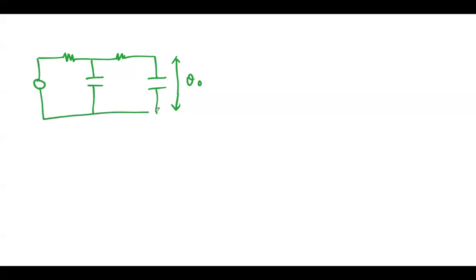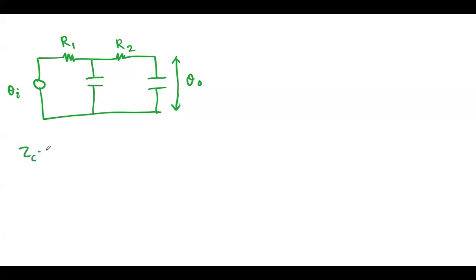It has two resistors and two capacitors. And this value is theta naught, and my input is theta I. This value is R1 and this value is R2.